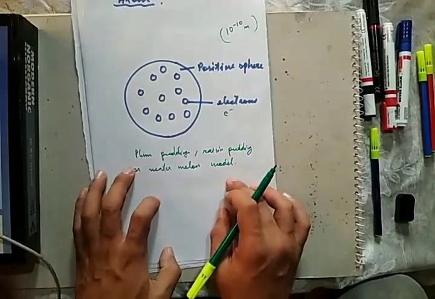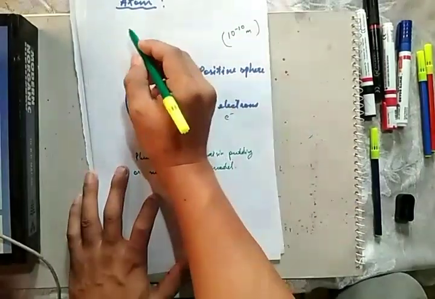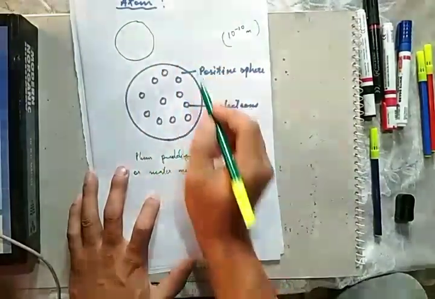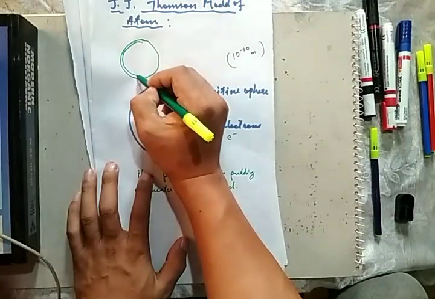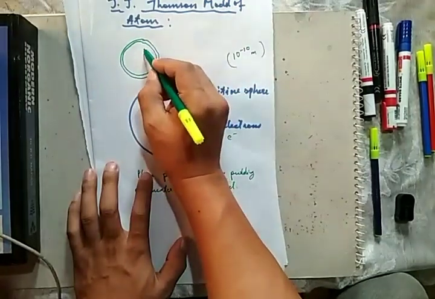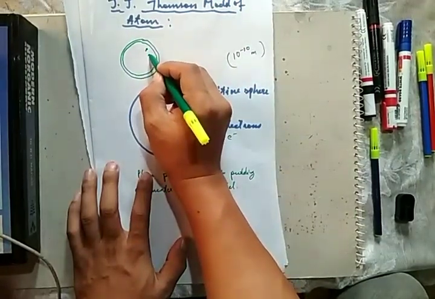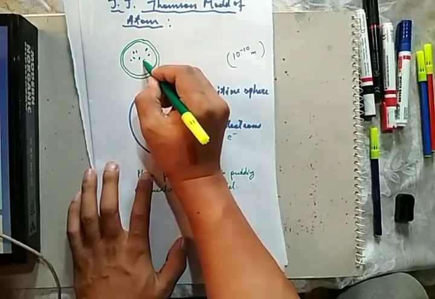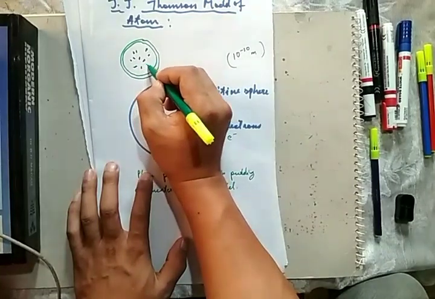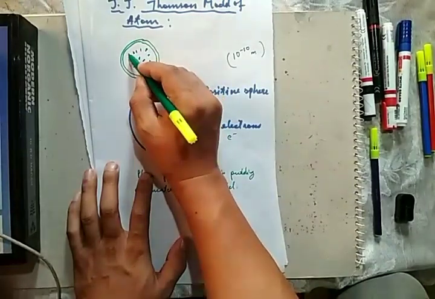Let me take an example of watermelon. Suppose this is a watermelon. If you cut the watermelon, you can see seeds embedded inside it.